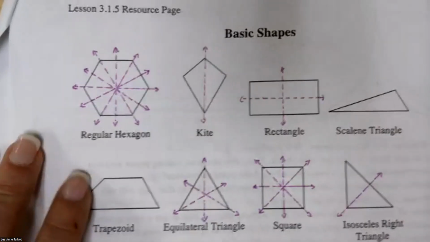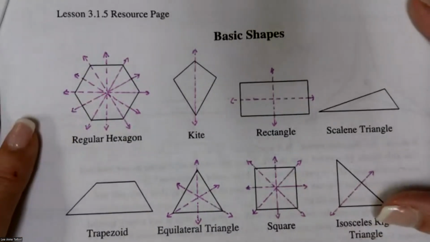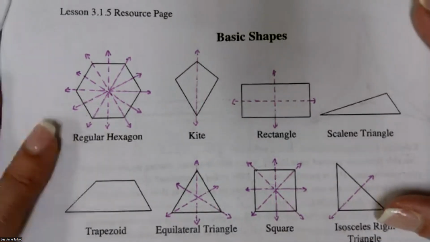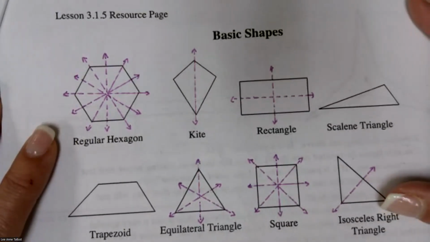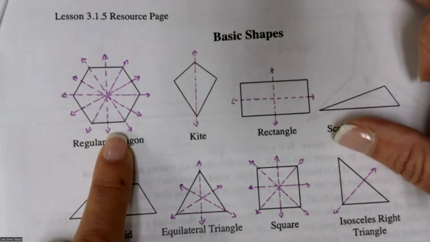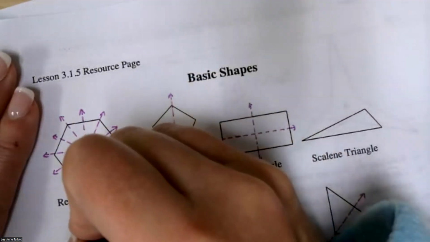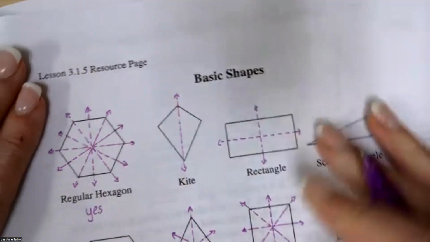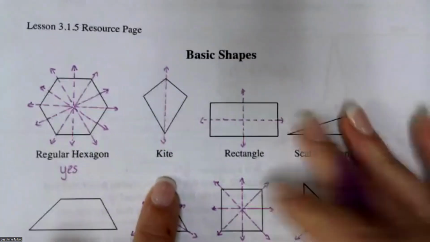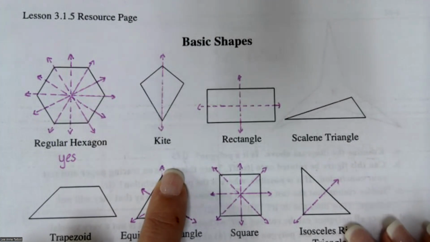So the question is, if I rotate my paper, if I turn it, will it come back to the exact same picture? So we're looking at the hexagon. If I rotate it, will I get the same hexagon? Yes. Okay. So this one, yes, has rotation symmetry. Does this one?